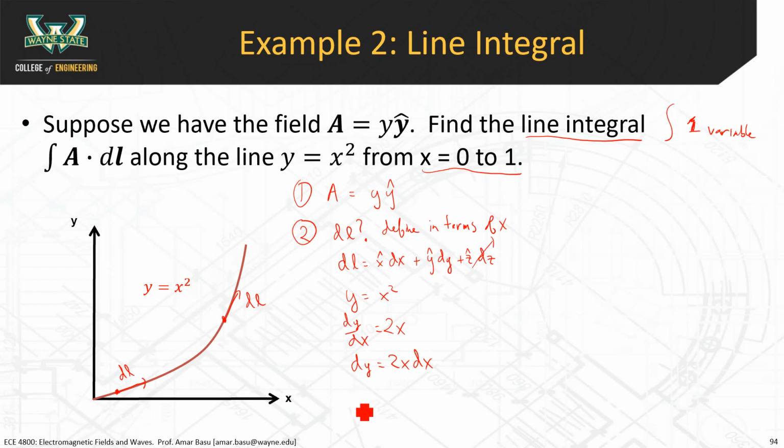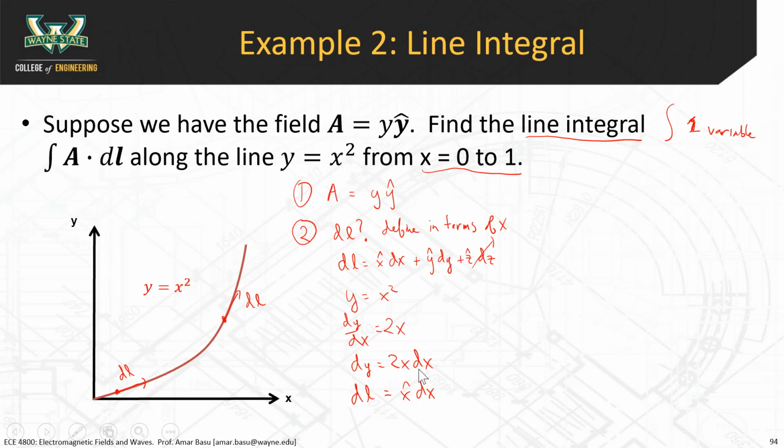So our dl is equal to x hat dx, and then we have y hat dy. We want to get rid of that dy because we're going to be integrating with respect to x.